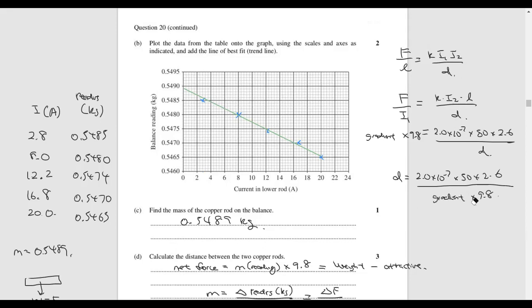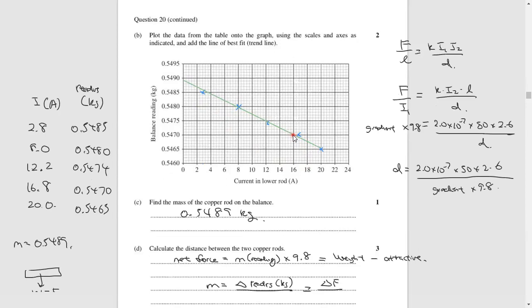We just now need to work out the gradient of our curve and sub all those numbers in. Remember, when we're working out gradient, it's of the line, not the start and ending points. So we'll just try and pick nice points that we can read off. So like here, we read off a point of 16 and 0.5470. You can read off a point here of 0.5489.